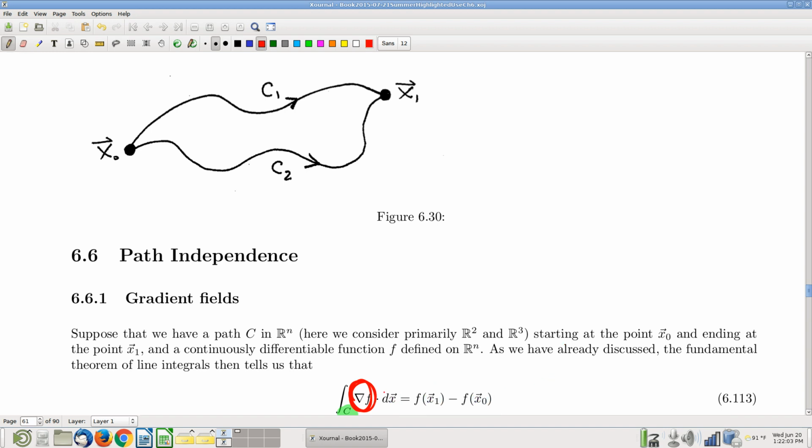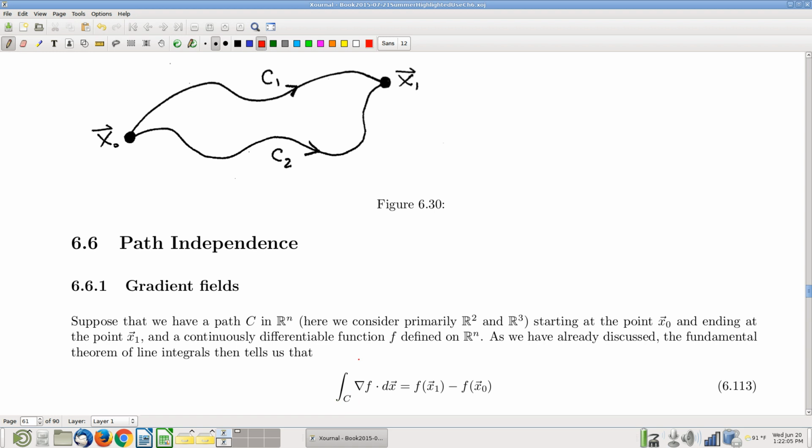All right. Now, to make it relatable, let's think about it this way. What if our function f here, our little f, what if that little function f represents, let's say, altitude, just to have something to talk about. Right?